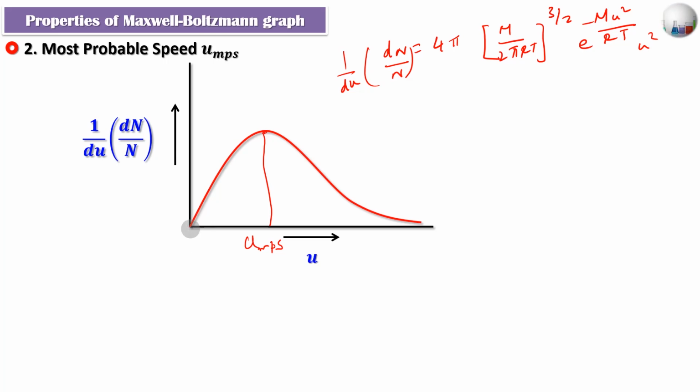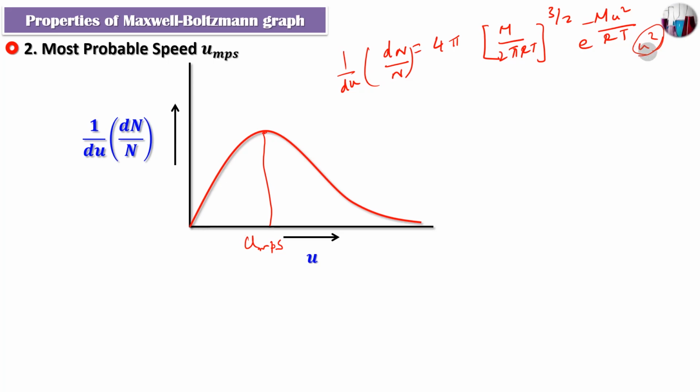Now initially, as you can notice, the curve increases because here u square is dominant. Initially u square is dominant and u square is the one which is pulling the graph up as the x-axis increases.